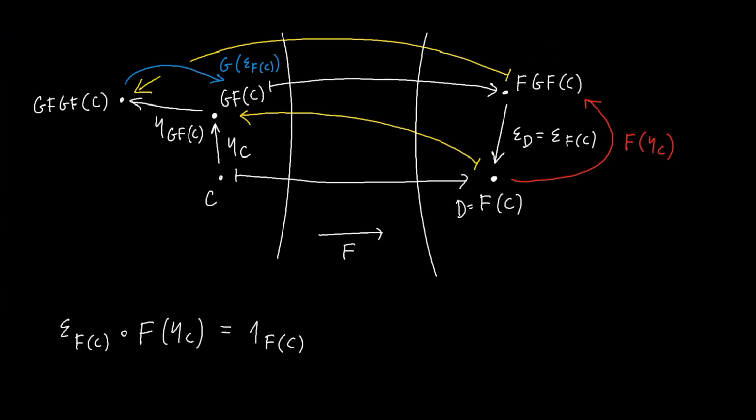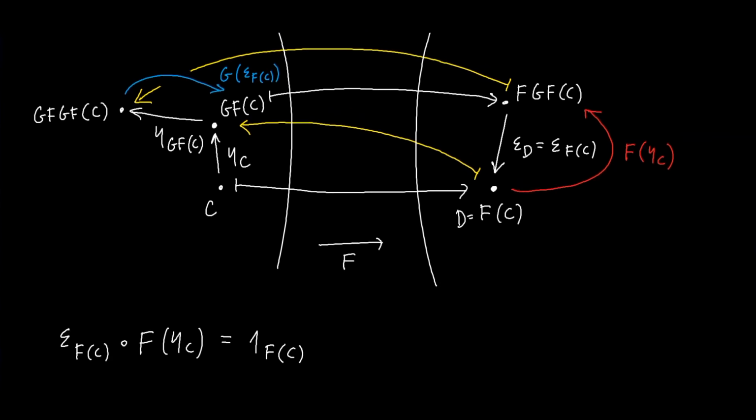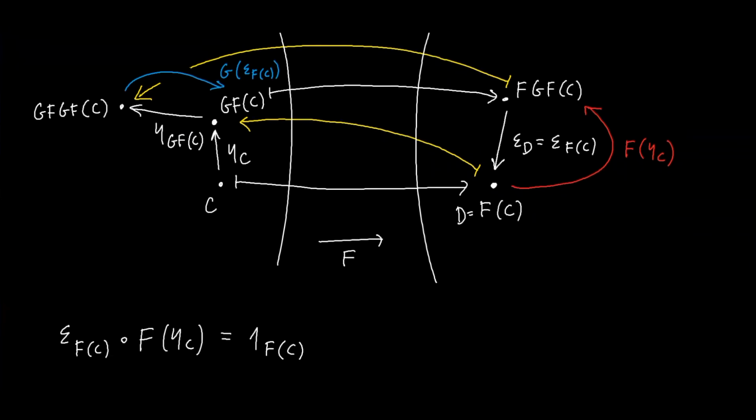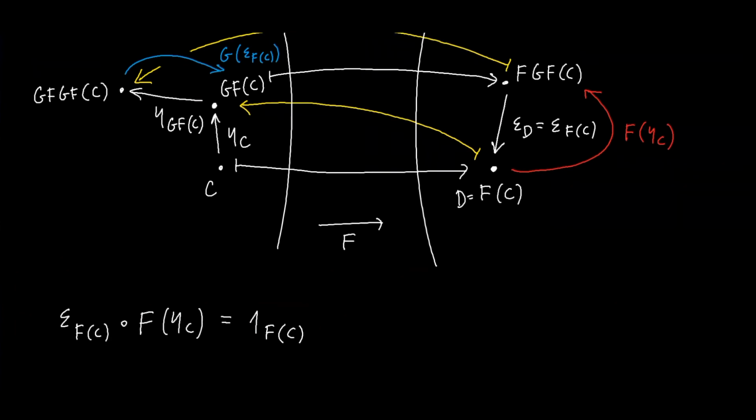But in the notion of adjunction, this will be required, and there will be another identity required that is similar to this, but on the other side. And that is where we begin. So it's a kind of opposite picture to this, where we begin with not eta C, but we begin with epsilon D, or an abstract D.